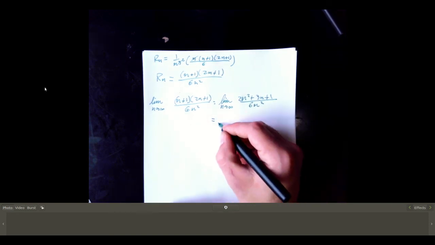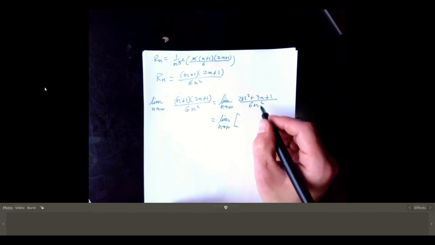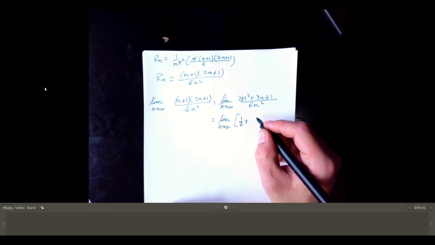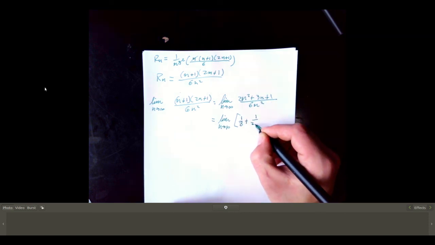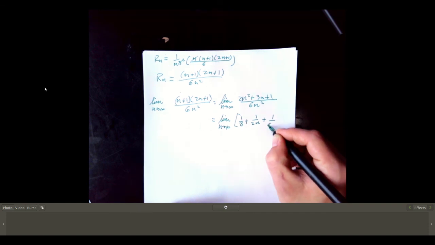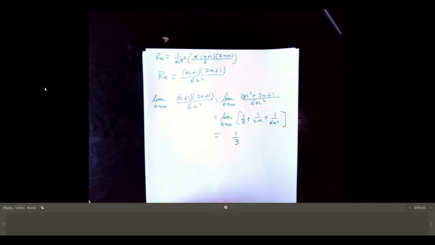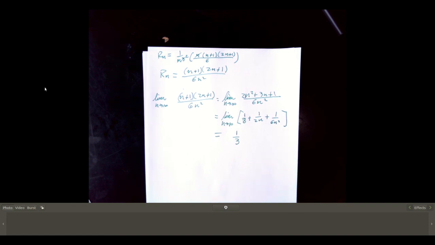That equals the limit of 2n squared divided by 6n squared, which is 1/3, plus 3n divided by 6n squared, which gives us 1 over 2n, plus 1 over 6n squared. And as n goes to infinity, that equals 1/3.